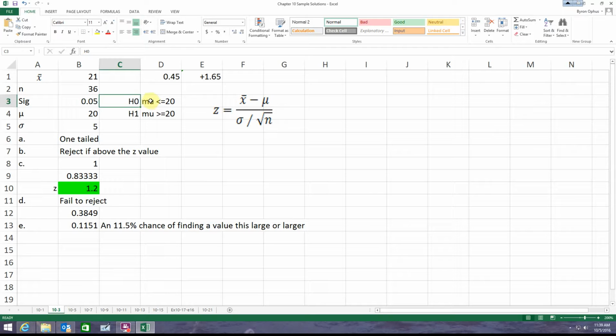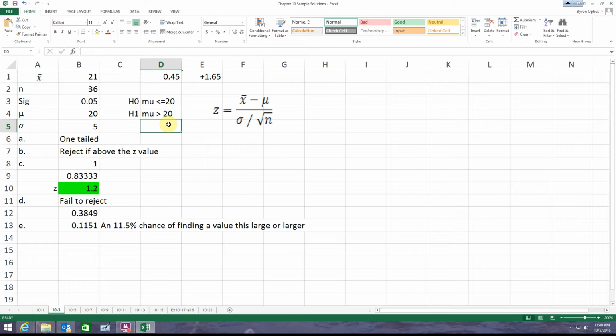H sub 0, my null hypothesis, is that mu is less than or equal to 20, and H sub 1 is that mu is greater than 20. I got this one written down wrong originally, but we got it fixed there. Looks a little bit better.